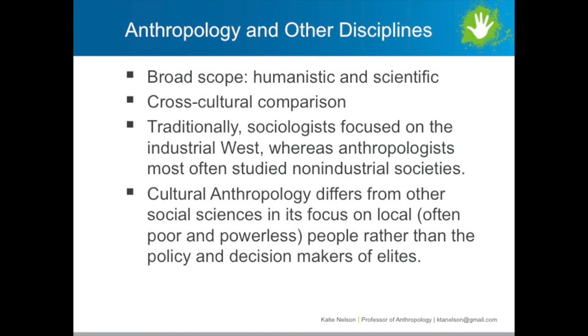This, of course, is changing today, and more anthropologists are conducting studies in large-scale, technologically advanced societies like the United States. And some sociologists are even interested in looking at different cultural groups as well.